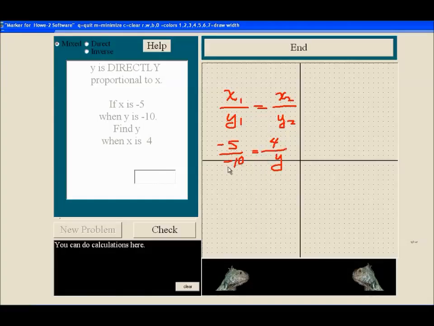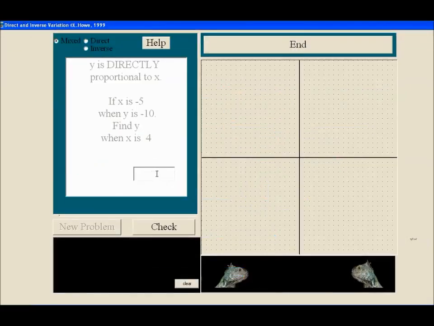So we could reduce this side or we could cross multiply. We have a lot of algebraic choices here. I think right away, though, I would multiply both numerator and denominator of this by negative 1 and get this positive. I'd be inclined to make that into 1/2 is equal to 4 over y, and then now I cross multiply. Looks like y is 8. A rather simple answer. Minimize 8, and we win.